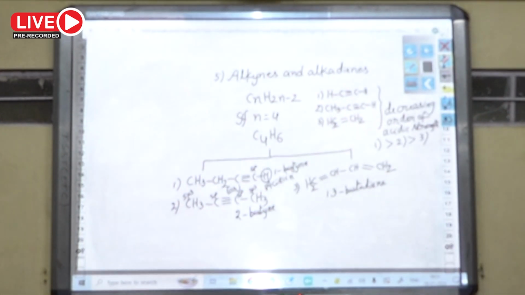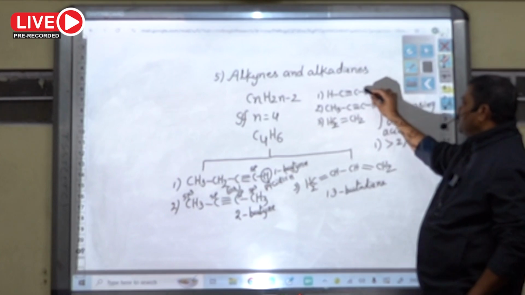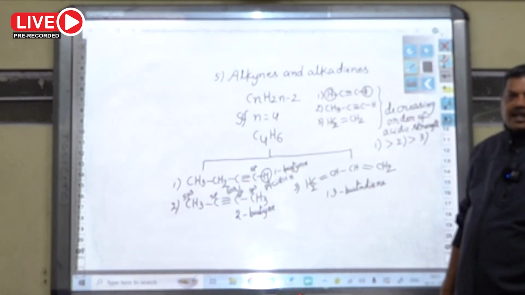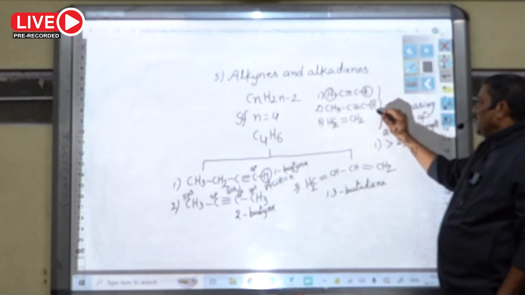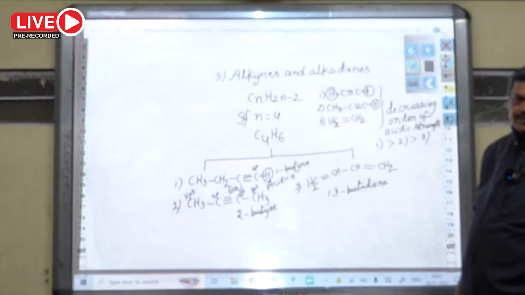Why is 1 greater than 2? Here the number of acidic hydrogens is 2. Two hydrogens are directly linked to triply bonded carbon. Here only 1 acidic hydrogen. That is one reason.